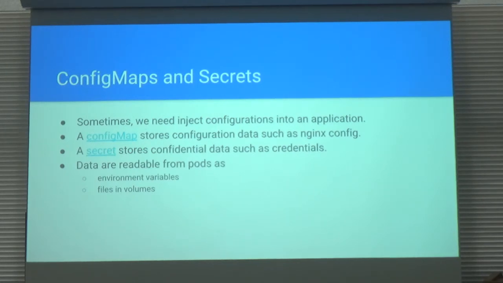It is not confidential. And on the other hand, a Secret stores confidential data, such as a password or something. And they are readable from pods as an environment variable or files in volumes.